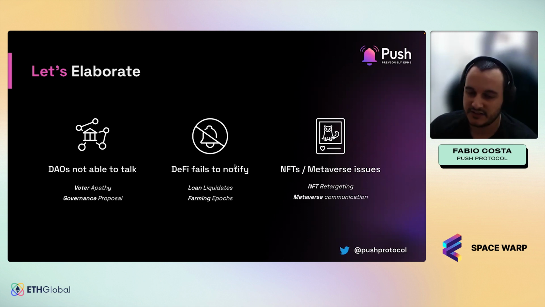And the applications for this are pretty endless. As I said, for governance, you can receive notifications whenever there is a new governance proposal. For DeFi, whenever you're about to get liquidated, you can get a notification. You can get a notification whenever someone outbids you on an NFT marketplace. Or for example, if you follow an NFT artist, it would be super nice to get notified whenever this artist publishes a new collection.